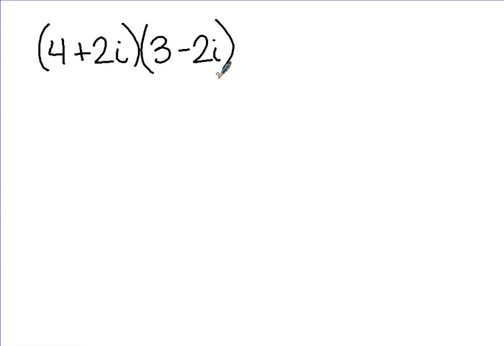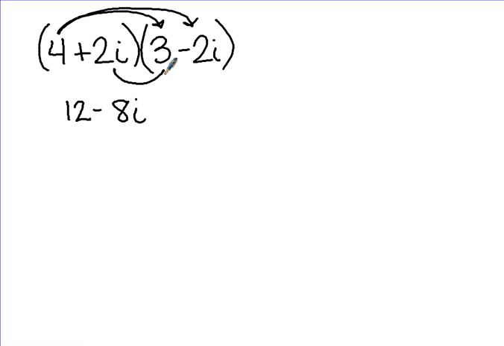All right, so if we distribute, I'm going to distribute this 4 into both terms first. 4 times 3 is 12, and 4 times -2i is -8i. All right, so that takes care of my first term. And I have 2i times 3 and 2i times -2i. All right, 2i times 3 would be plus 6i. And then we have -2i times 2i, which would give me -4i squared.